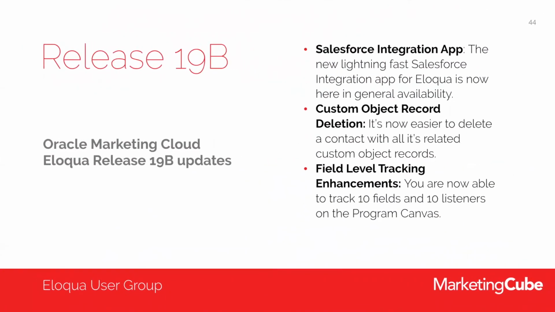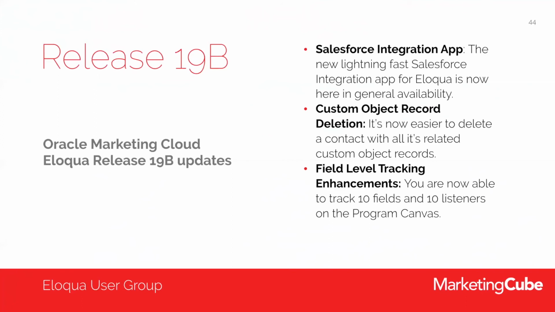Then for the admin types amongst us, if you're running Salesforce with Eloqua, there's a brand new app that's now generally available. Basically, it's all about speed. So speed is critical to you. And when I say speed, I'm talking seconds. Seconds from a form submission of an unknown contact into Eloqua, straight through Eloqua, bang, bang, and it's right into the lead object or the contact object, etc., wherever you need it to be in Salesforce.